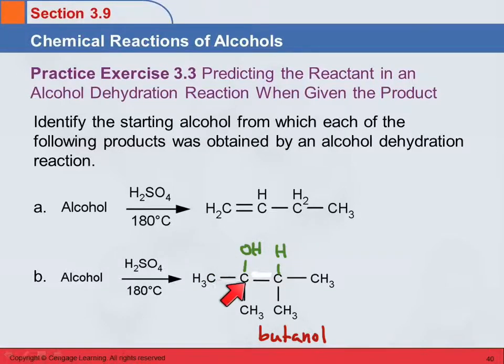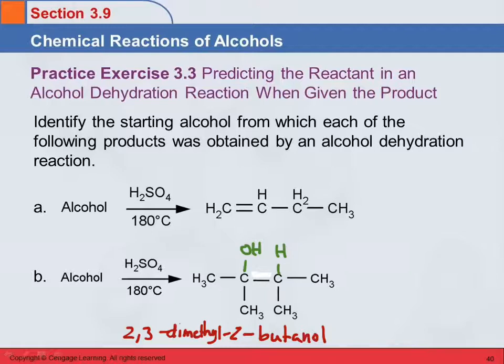So this would be 2-butanol. And then we've got 2 methyl groups, right? So this would be 2-methyl, and that's 3-methyl. So 2,3-dimethyl butanol. It's the name of that guy.